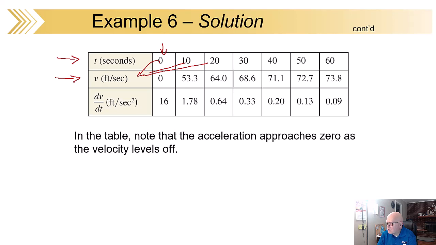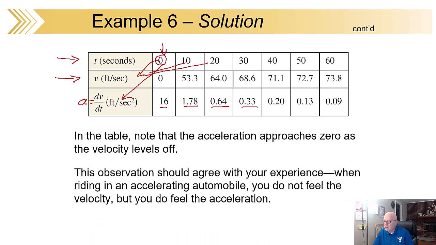Notice we're getting pretty close to 73, 74, somewhere around there. Here's the acceleration function. Just put these values of t in the acceleration function and get our values for the acceleration. Notice the acceleration is easing off.